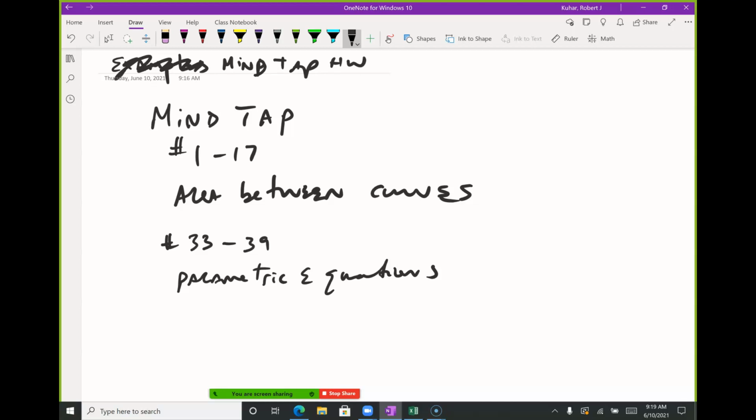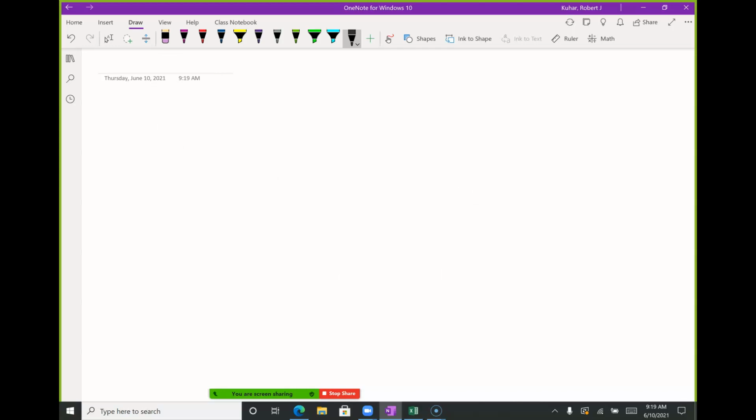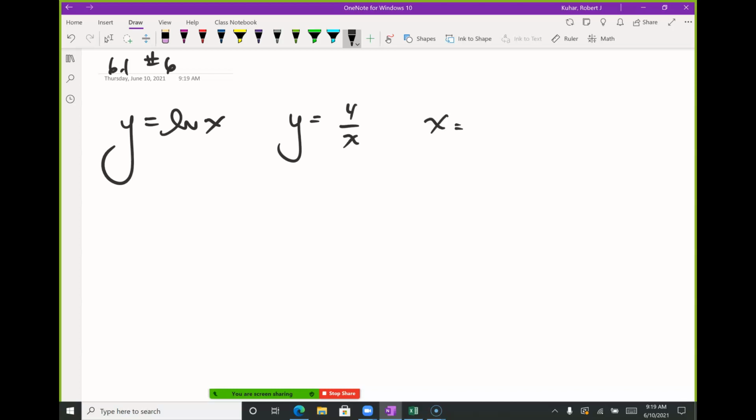So let's do number 6. I've got y equals ln of x. I've got y equals 4 over x. And I want the region from x equals 1 to x equals 3.